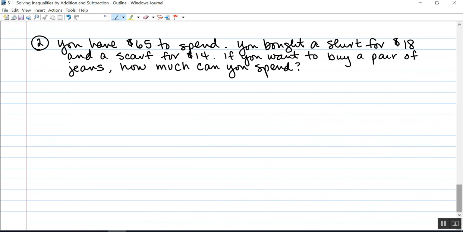And here's our last example. You have $65 to spend. You bought a shirt for $18 and a scarf for $14. If you want to buy a pair of jeans, how much can you spend? So let's define our variable. What I don't know is how much I can spend on a pair of jeans. So I'm going to say let x equal the cost of a pair of jeans.